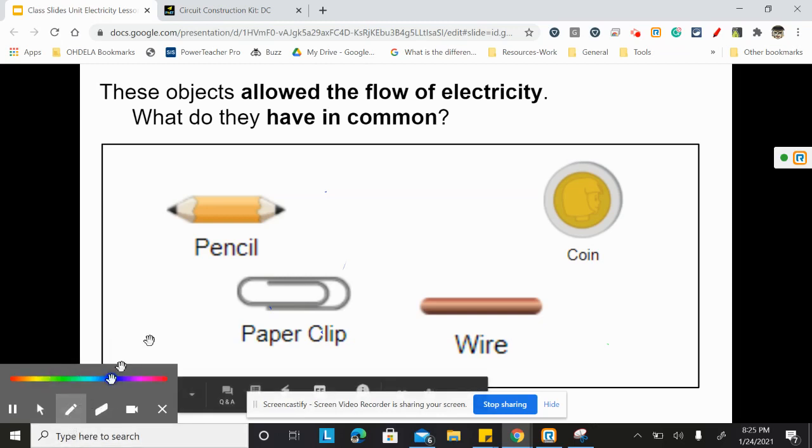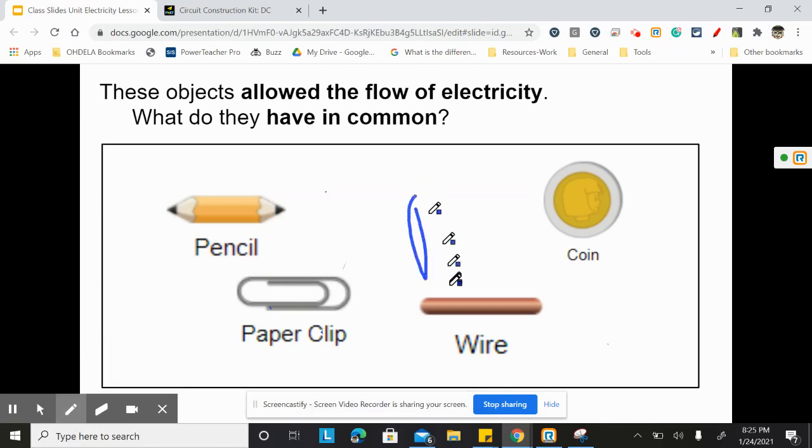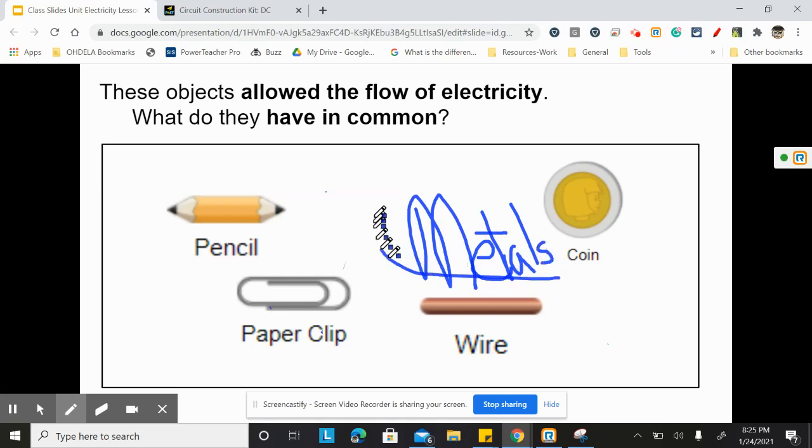Objects that make great conductors have metal, are largely metallic. Metals make great conductors of electricity. If that object contains a lot of metal or a good amount of metal, it is a conductor of electricity.